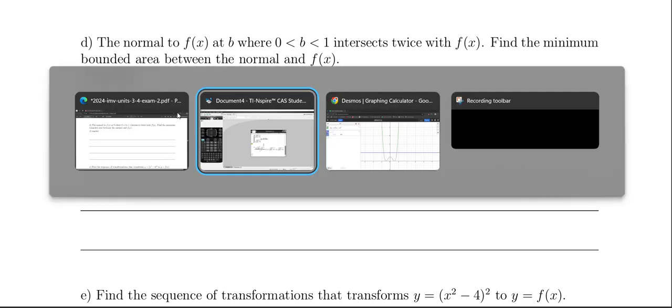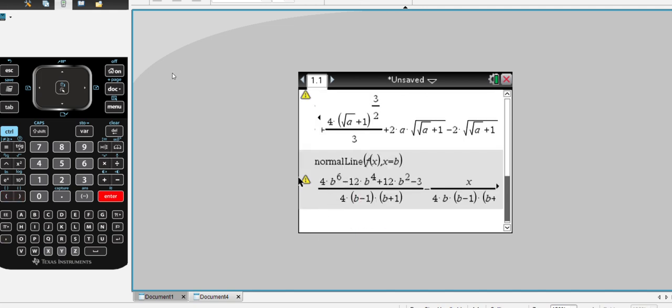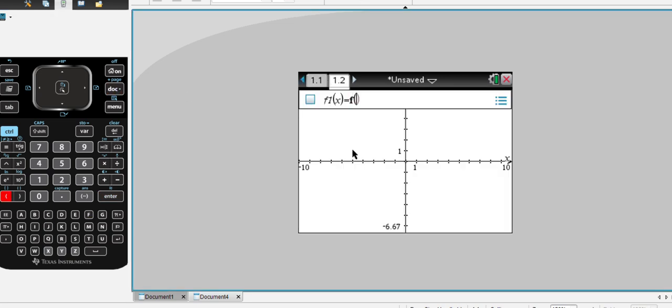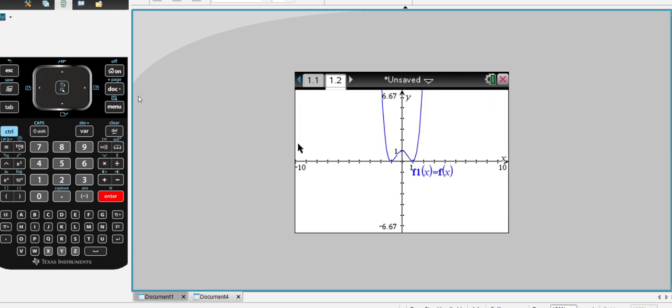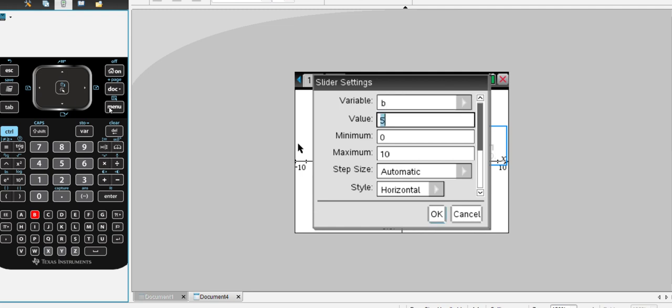All right, so what we're going to do here is create the normal line at f of x, x equals b, and we're going to create a graph of f of x, and also create a slider with the variable b between 0 and 1.